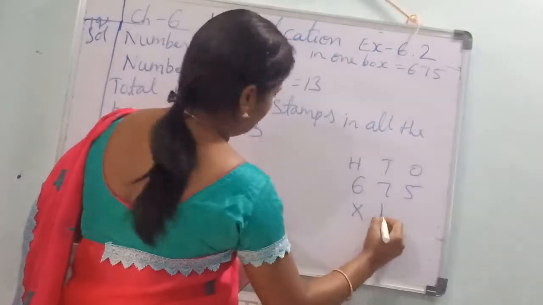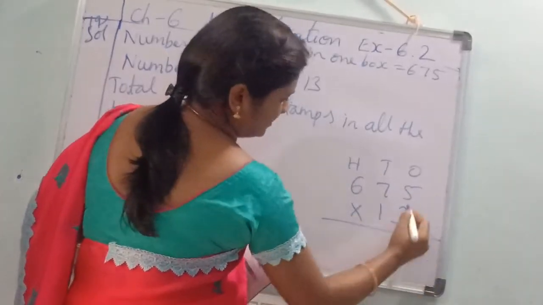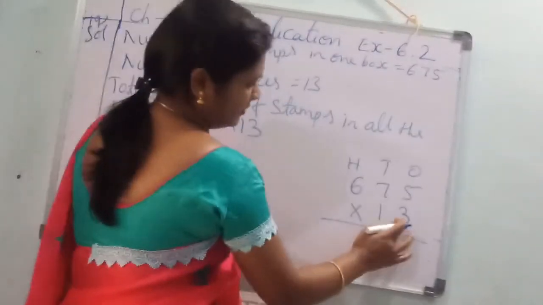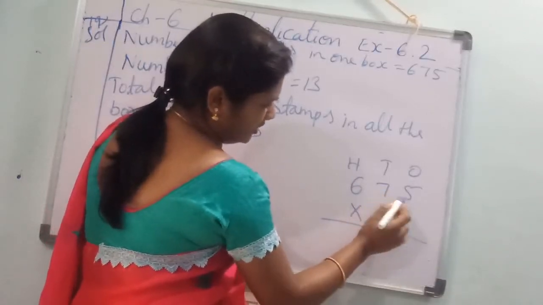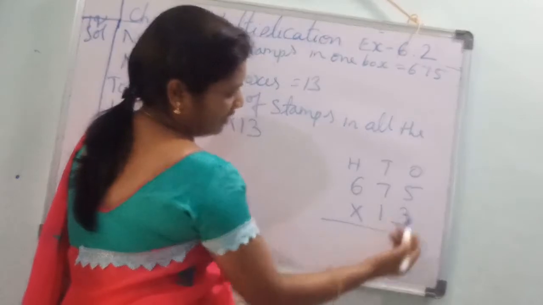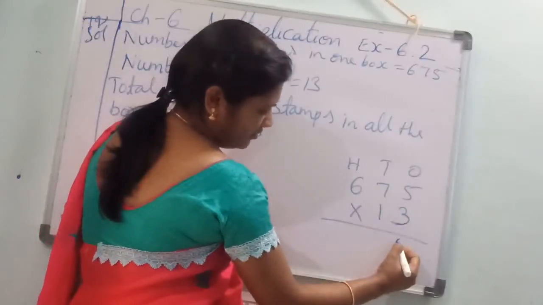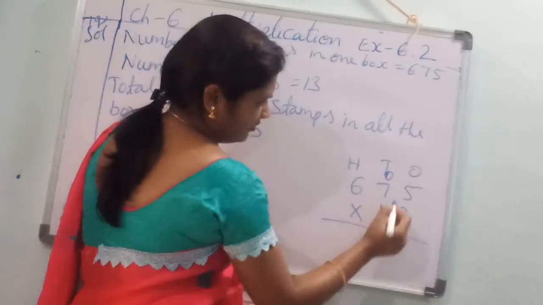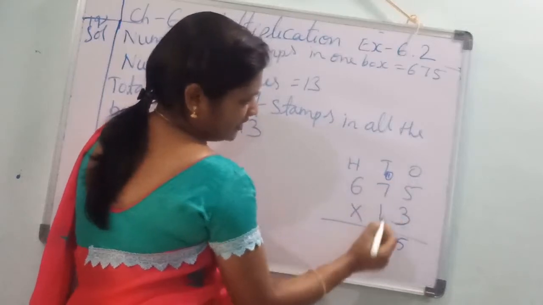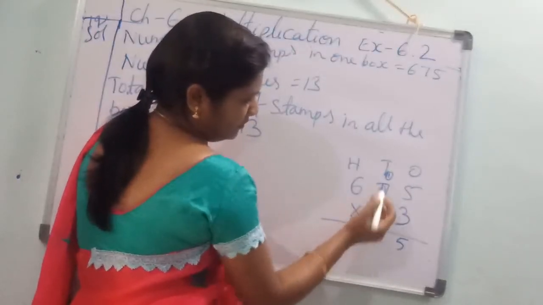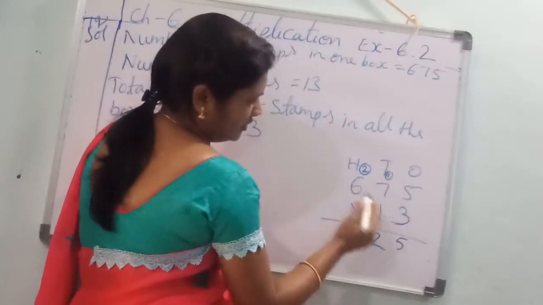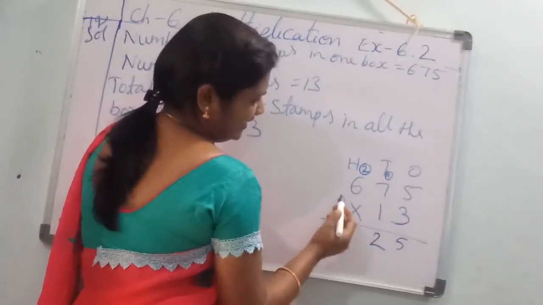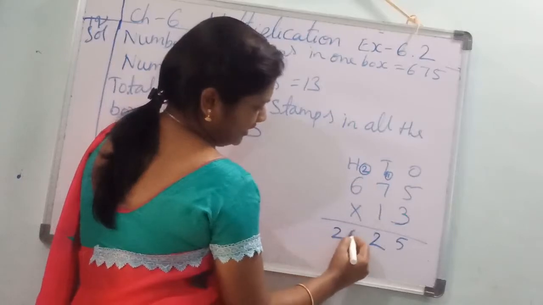Ones, tens, hundreds. 675 into 13. Ones place first you should multiply. Which number is here? 3. With this 3 you should multiply these 3 numbers. 3 5s are 15. 5 here, 1 carry forward. 3 sevens are 21. 21 plus 1, 22. 2 here, 2 carry forward. 3 6s are 18. 18 plus 2, 20.